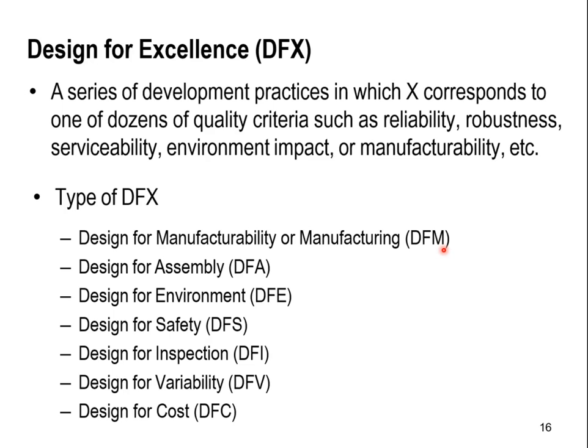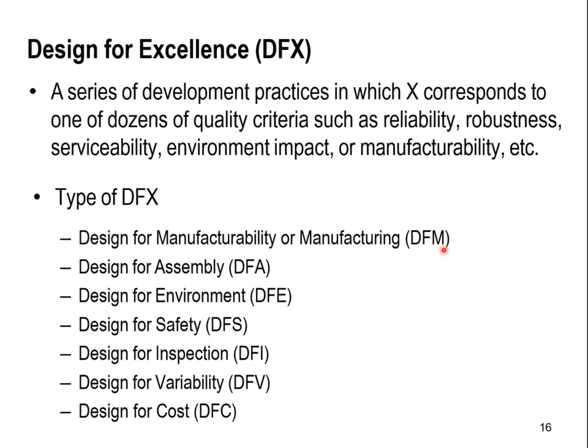So when you design a product, you need to know how you're going to manufacture this product in the easiest way, with less energy, and, for example, the best material to be used for manufacturing. Design for assembly is about making the assembly time shorter, because assembly time means money.